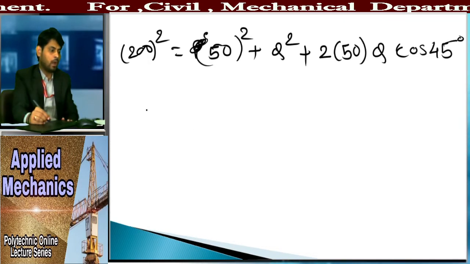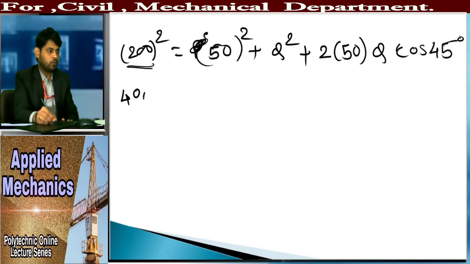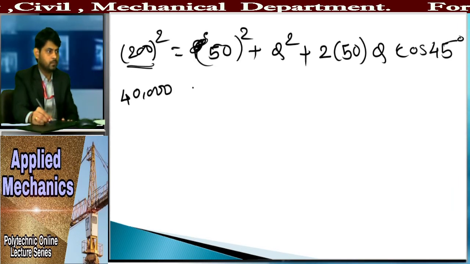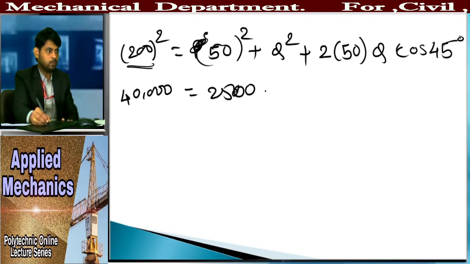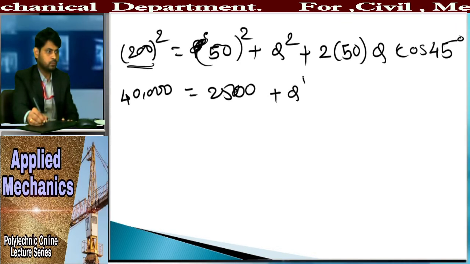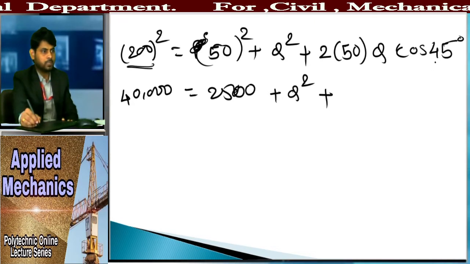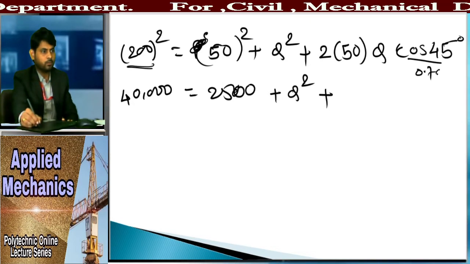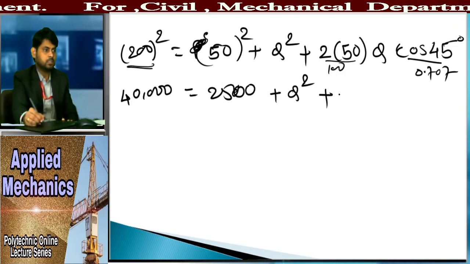Okay, now 200 square is nothing but 40,000, which is equal to 50 square, that is 2500, plus Q square plus the value of all this term. This is nothing but 0.707 and this is 100.